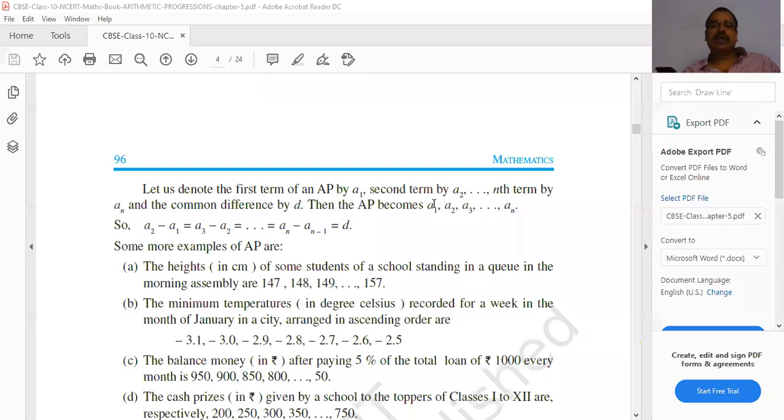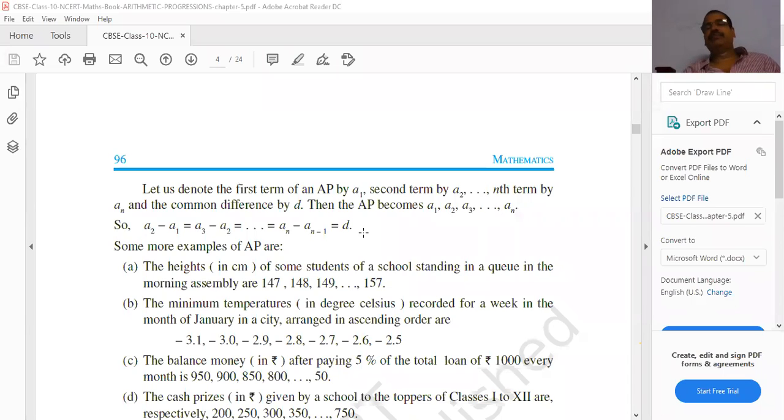Whether it is increasing or decreasing order, you have to take second term minus first term only. The term before an is an minus 1, so an minus an minus 1 is d. That is the common difference.